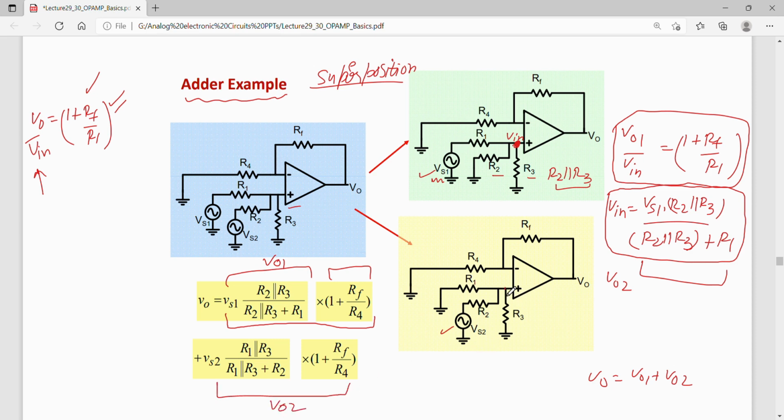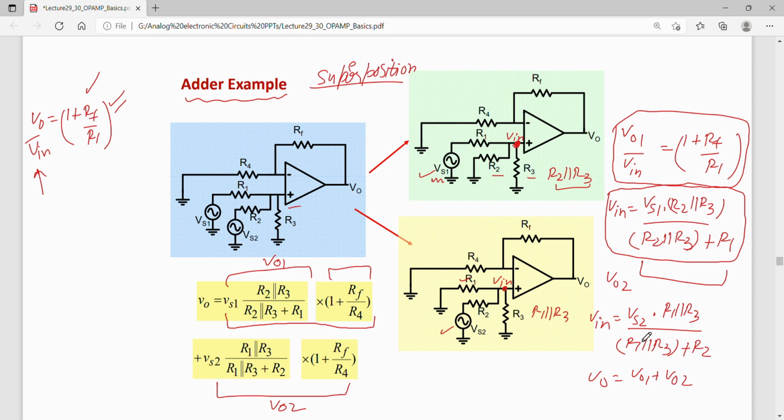So again I'll find this Vin here, which is dropping across R1 and R3 in parallel. Okay. So I can write Vin as Vs2 multiplied by R1 parallel to R3 divided by R1 parallel to R3 plus R2.